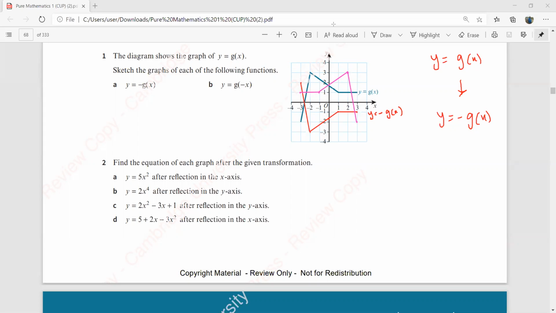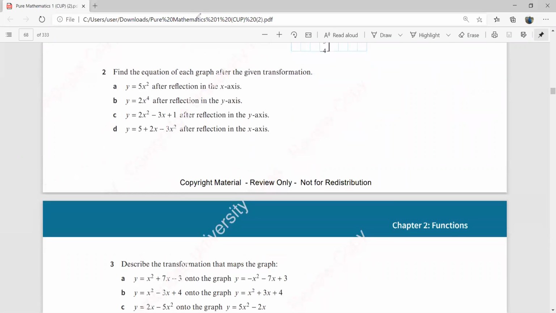This one is y is equal to g of minus x. Okay? If there is no problem with this, can I go on to the second question?